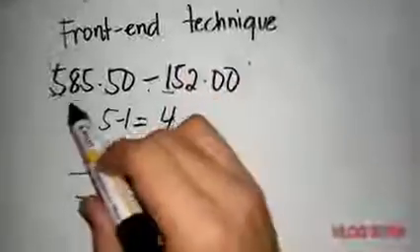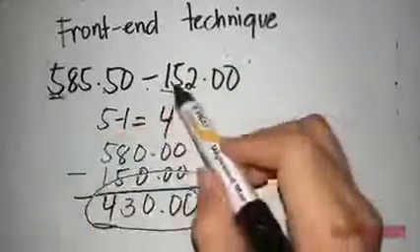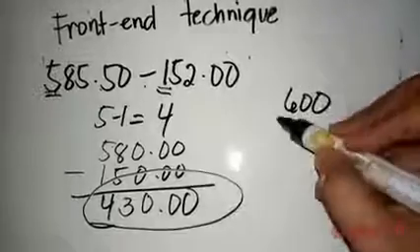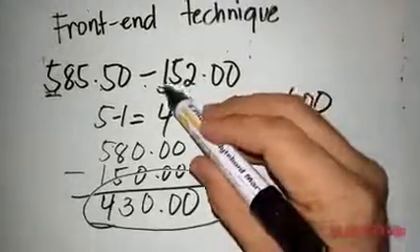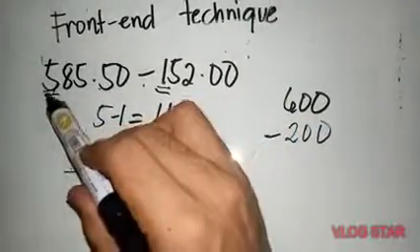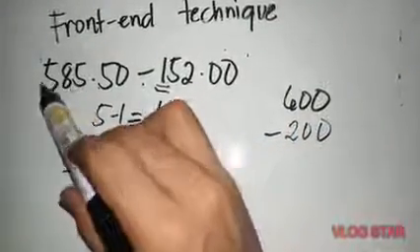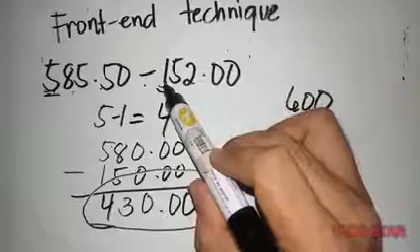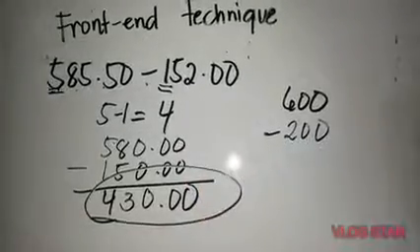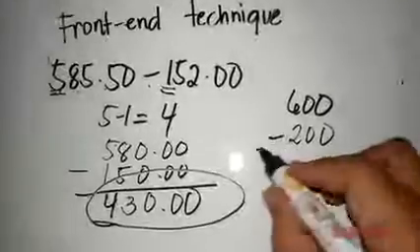But actually we can also get another estimate difference for the two by rounding it to the nearest hundreds. So the nearest hundreds is 5 and 1. So 600 minus 200, because the digit next to 5 is 8, so we round it up. The digit next to 1 is 5, so we also round it up.